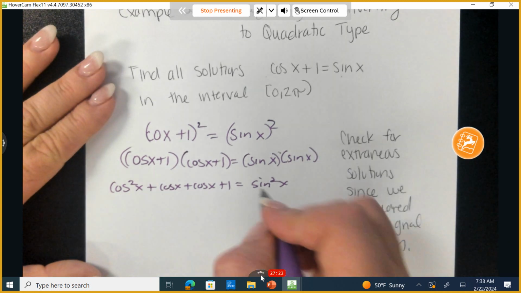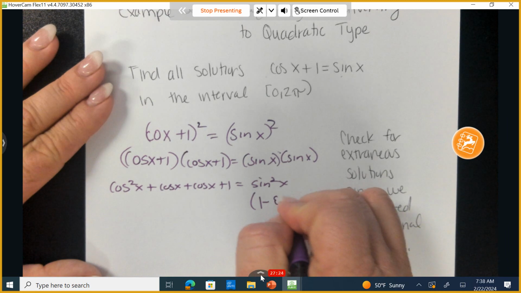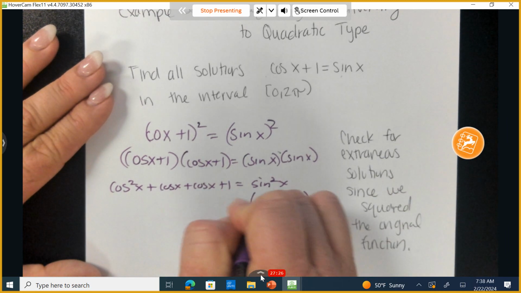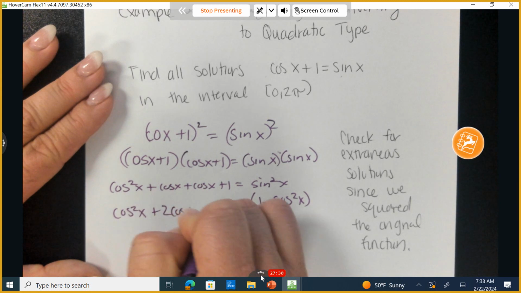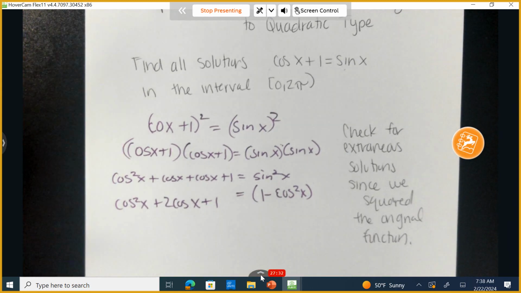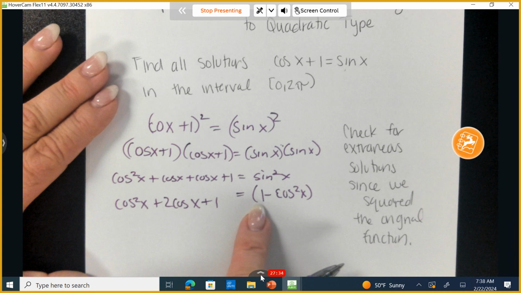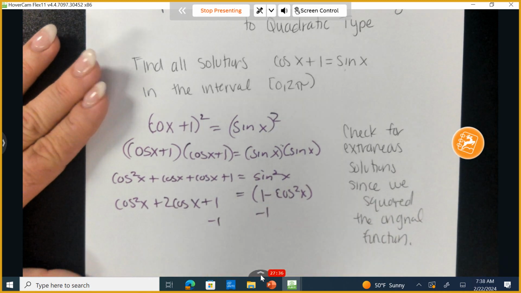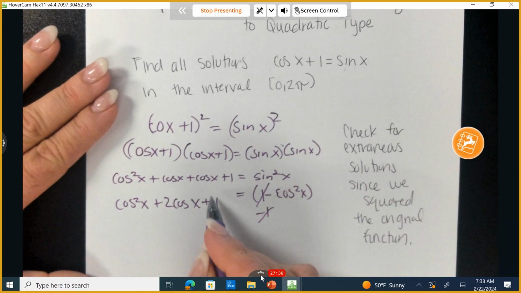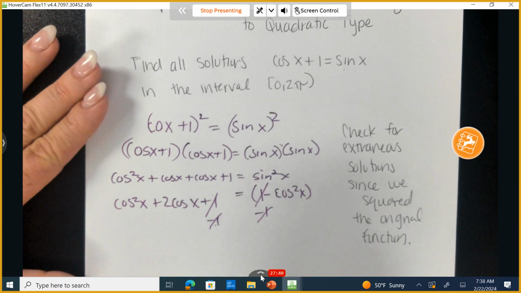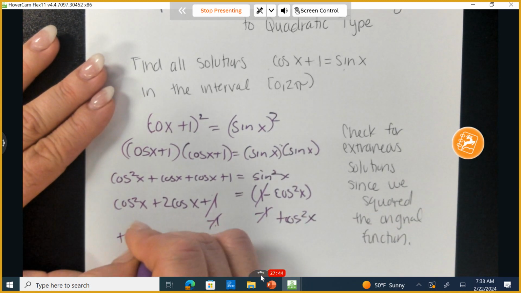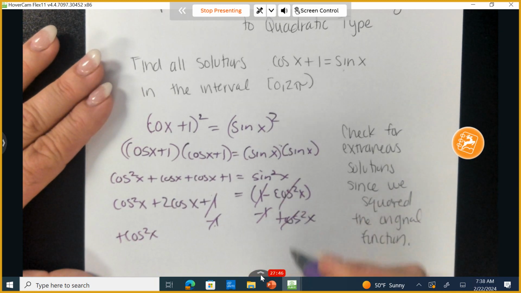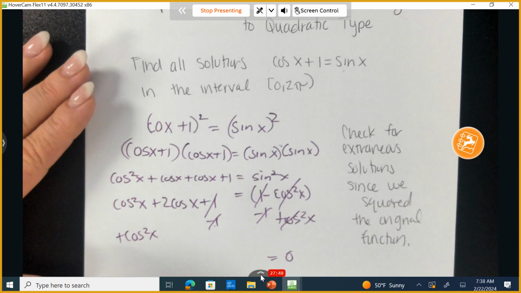So I'm going to rewrite this as 1 minus cosine squared x. When I move the 1 to the opposite side, I'm going to subtract it. So 1 minus 1 cancels out, and then I'm adding in the cosine squared. So I have nothing left on the right-hand side.